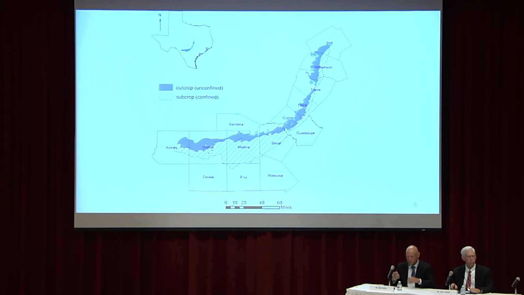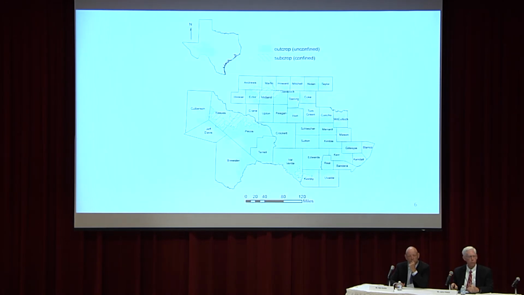This is a map that shows again the occurrence of the Edwards Balcones Fault Zone aquifer. The dark blue is referred to as the unconfined or water table aquifer. The hatchered area is what we call the subcrop, or what Bob was spending time on, the confined area, which is under Artesian pressure. And this map shows, again, the plateau aquifer, the Edwards-Trinity Plateau.